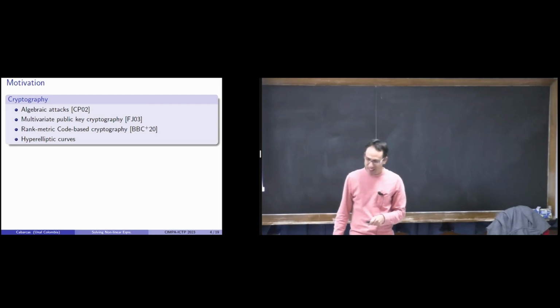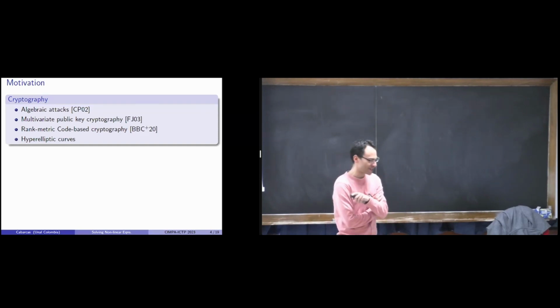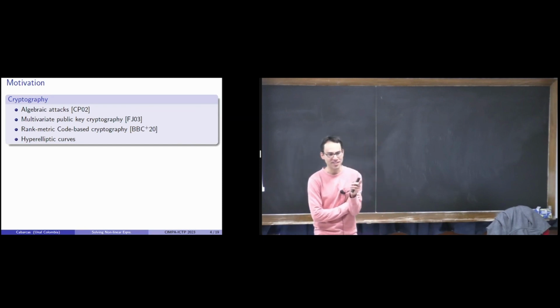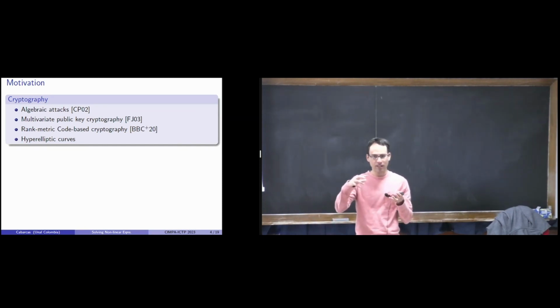So finally, I recently got involved in a project related to hyperelliptic curves, and I don't know much about this, but it's difficult, given a curve, to understand the group and to get the structure of the group.